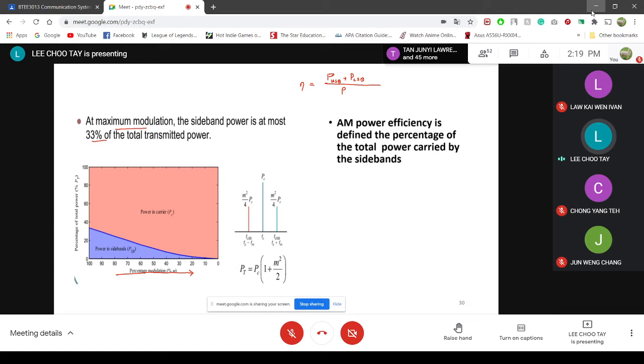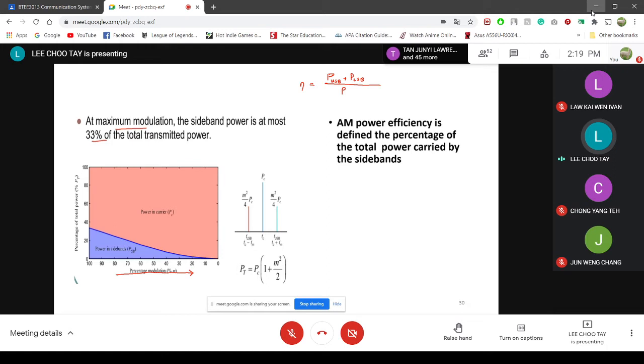Now if you cancel PC and rearrange the terms, the efficiency is 2m squared over 2 plus m squared. We normally express efficiency in percentage, so you multiply by 100%, then you get your efficiency. So that's how we arrive at this equation.